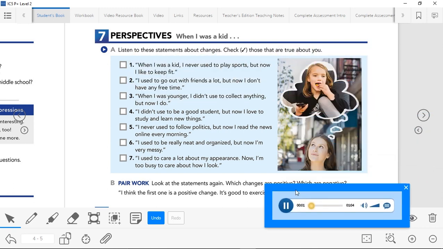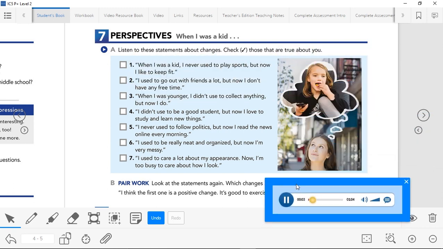Page 5. Exercise 7. Perspectives. When I was a kid. Part A. Listen to these statements about changes. Check those that are true about you. When I was a kid, I never used to play sports, but now I like to keep fit. I used to go out with friends a lot, but now I don't have any free time.